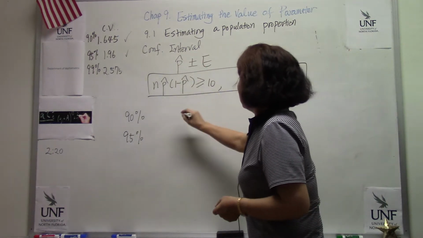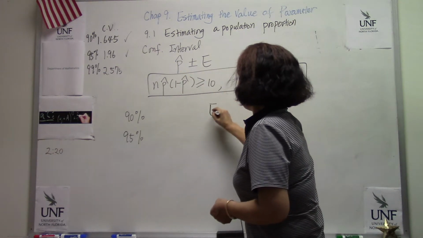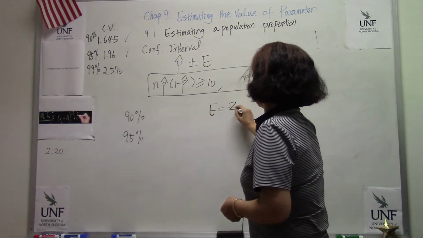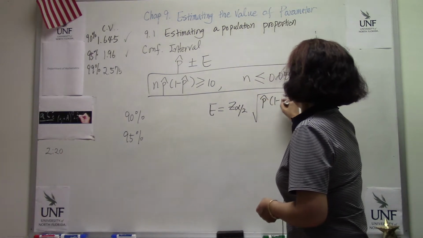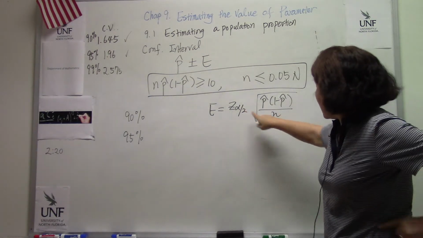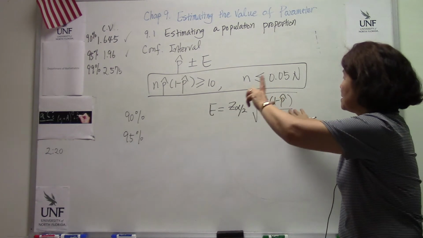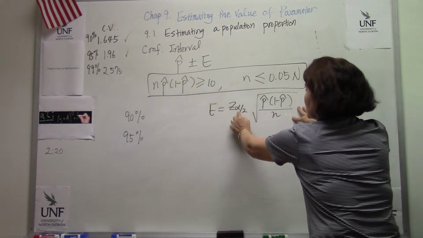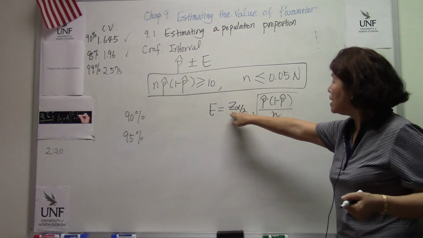When you have this plus or minus, this margin of error is this: the square root of p hat times 1 minus p hat over n. This part has nothing to do with the confidence level. The confidence level comes from this number, this alpha over here, and only this part.